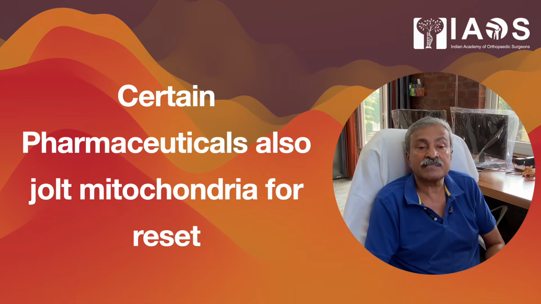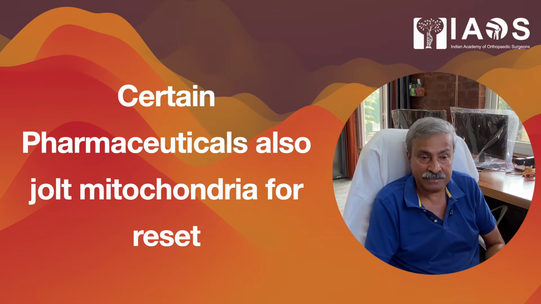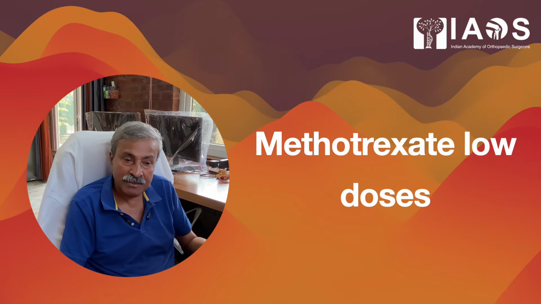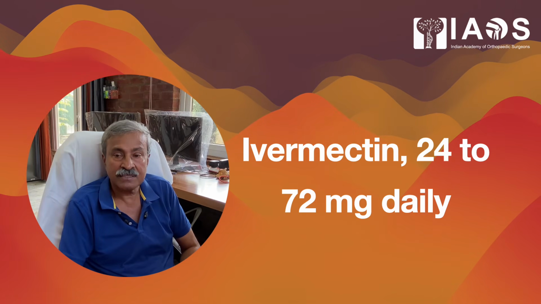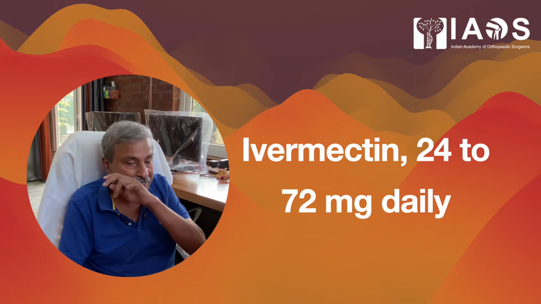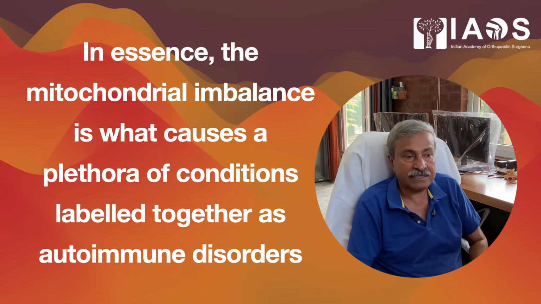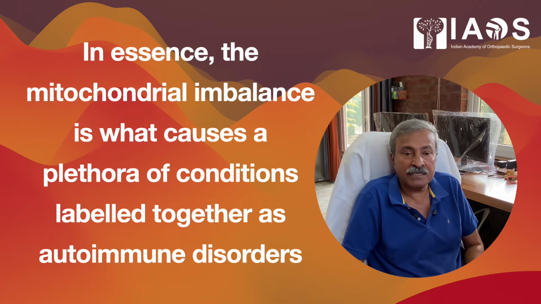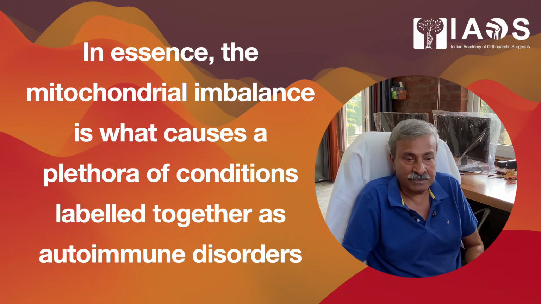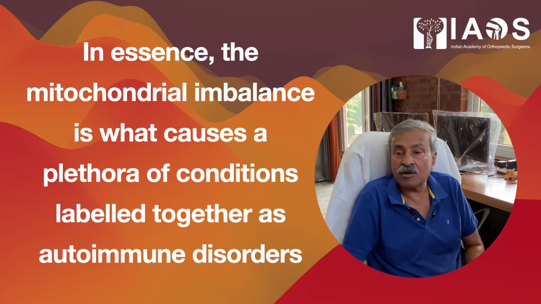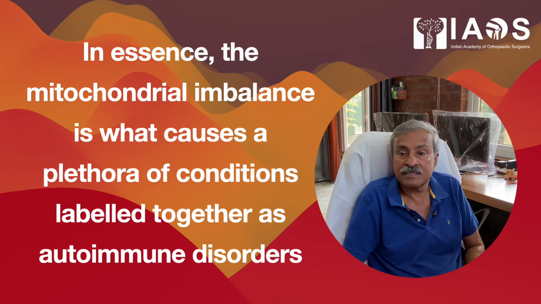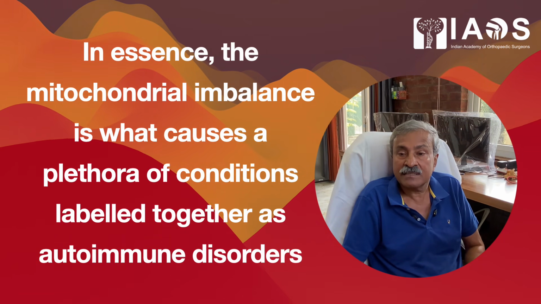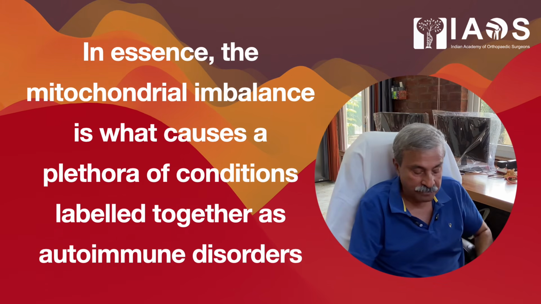Certain pharmaceuticals also jolt the mitochondria for a reset: methotrexate in low doses, vitamin C IV in high doses, ivermectin 24 to 72 mg daily. In essence, mitochondrial imbalance is what causes a plethora of conditions labeled together as autoimmune disorders, and only now are we realizing that even malignancies form a part of the same spectrum of autoimmune disorders.